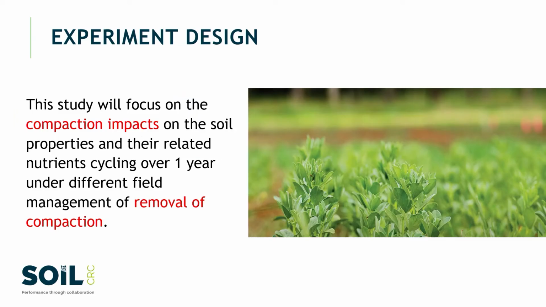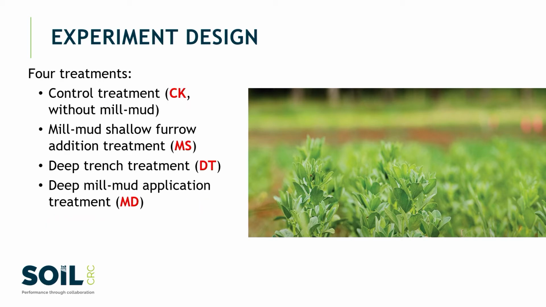removal of compaction. For the experiment design, this study is only working on compaction, and there are different field measures to remove the compaction, looking at how the soil microbes respond to the compaction and its removal. There are 4 treatments. The control is compacted soil, and another treatment is the mill mud shallow furrow addition treatment, which means we put the mill mud at about 10 centimeter depth.